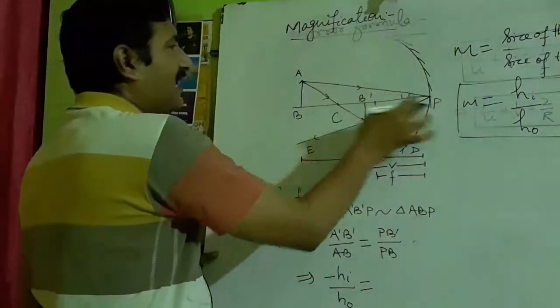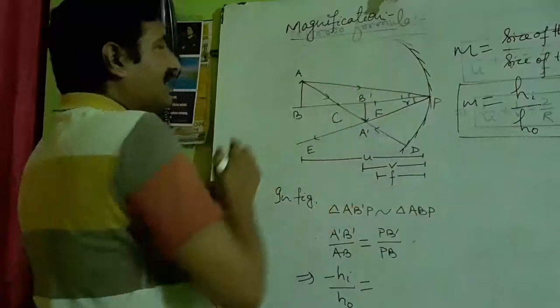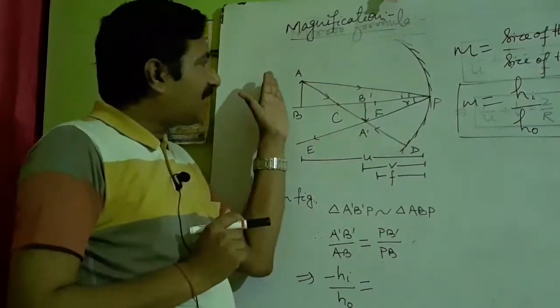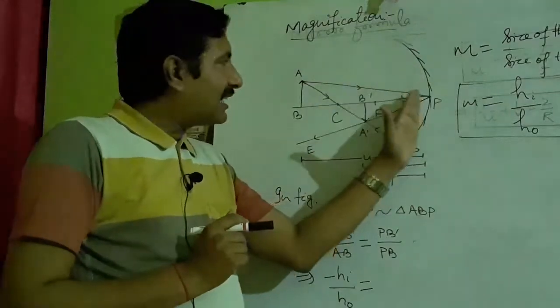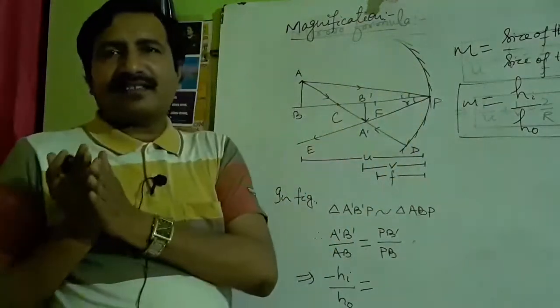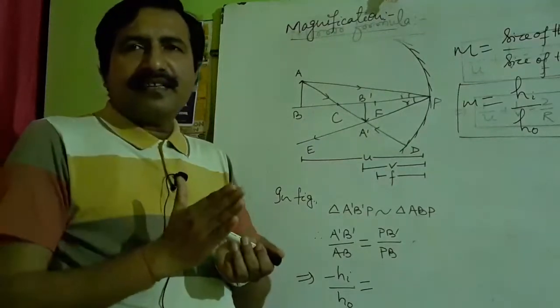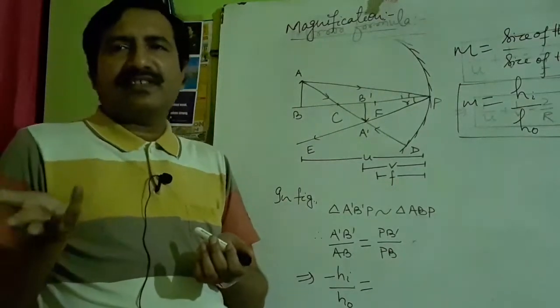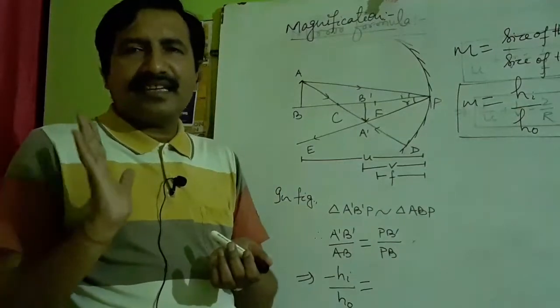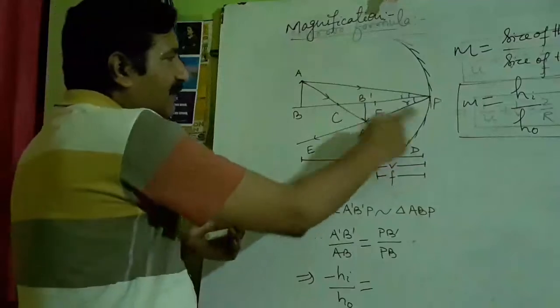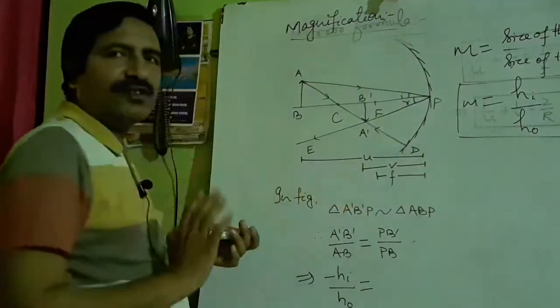You see this PB' is in the direction opposite to the incident ray. The incident ray is coming from the left and PB' is towards the left. According to the sign convention, distances measured opposite to the direction of incident rays are taken as negative. So this PB' is negative, and PB' is the image distance, denoted by v.